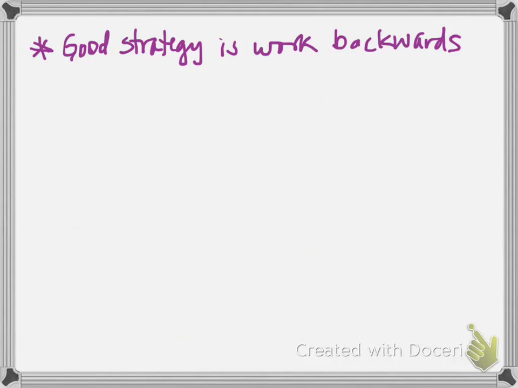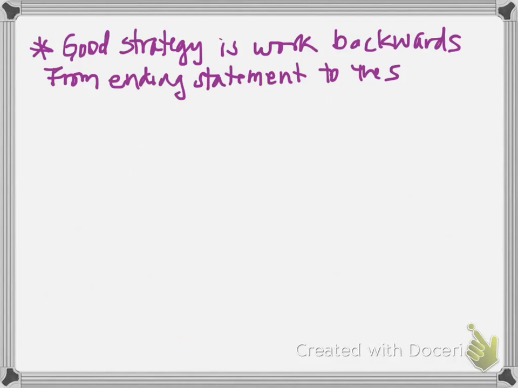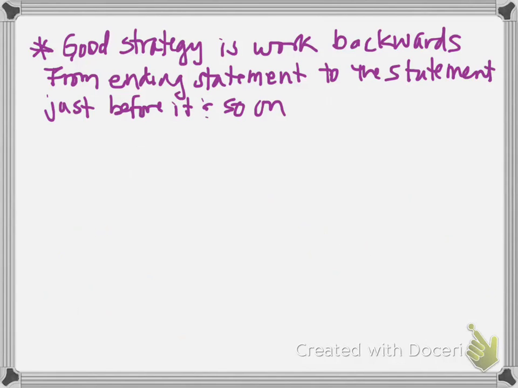Okay, so a good strategy is work backwards from the ending statement to the statement just before it, and so on. So basically what we're doing is you start with what you know. And sometimes going from the top down, you get stumped. So try from the bottom up.